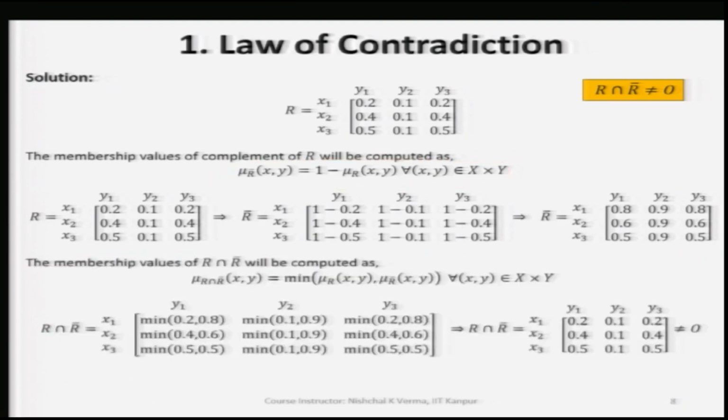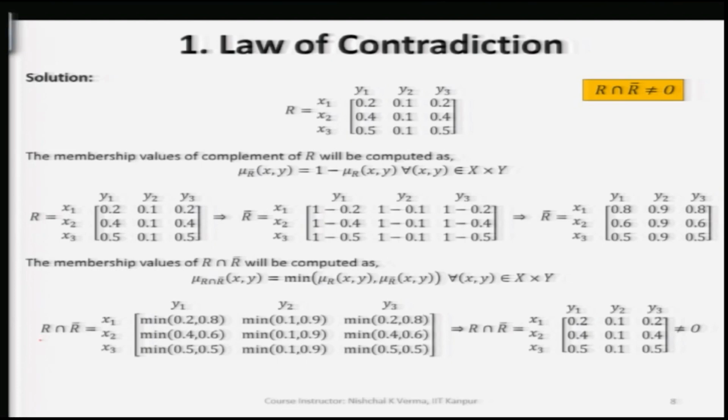Now, let us take the intersection of R and R bar, which is here. As we already know, the basic intersection is computed by simply taking the min between all the corresponding membership values.